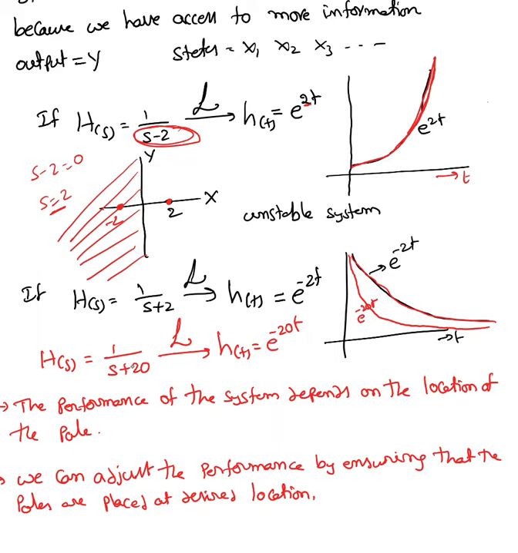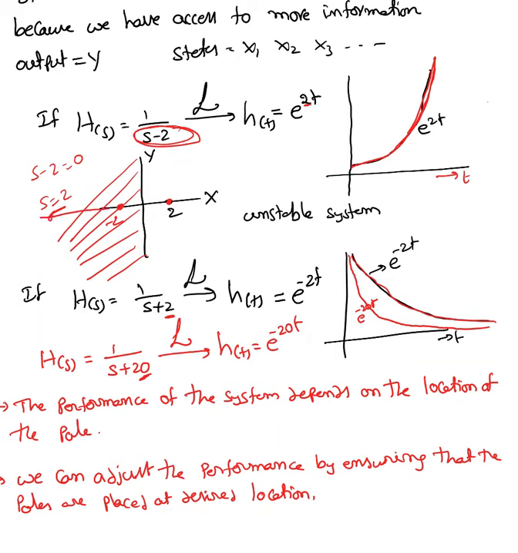Now if we have 1 over s plus 20, that means e to the power of minus 20t. How does this constant make a difference in the system? It determines how fast the system is going to settle down. So e to the power of minus 20t will settle down a little bit faster than e to the power of minus 2t.